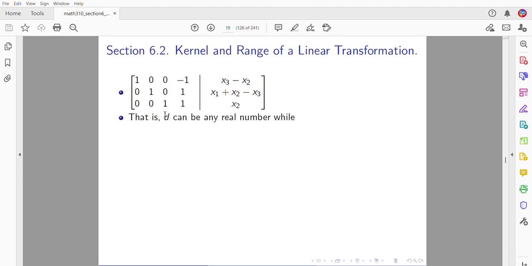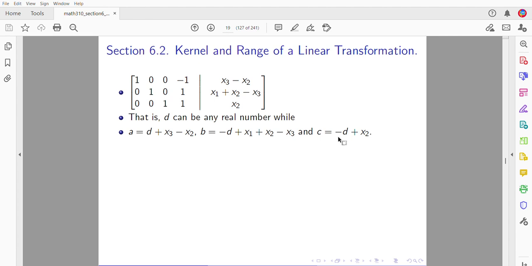Why? Because A minus D is the right hand side, B plus D is the right hand side, C plus D is the right hand side. That is, A is D plus x3 minus x2, B equals negative D plus x1 plus x2 minus x3, C equals negative D plus x2.